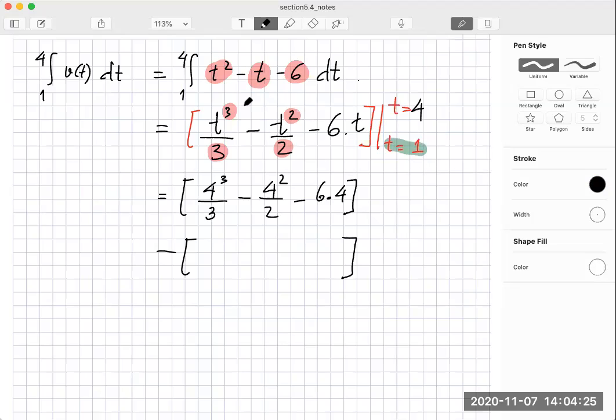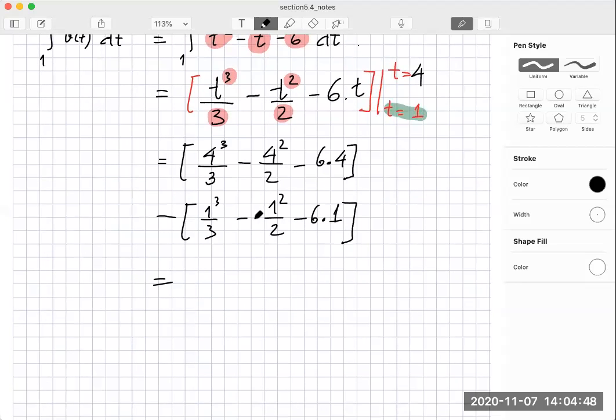So we need to evaluate the value of this function at 1, right? And what do we have? One cubed over 3, minus 1 squared over 2, right? Minus 6 times 1. And let us simplify it.